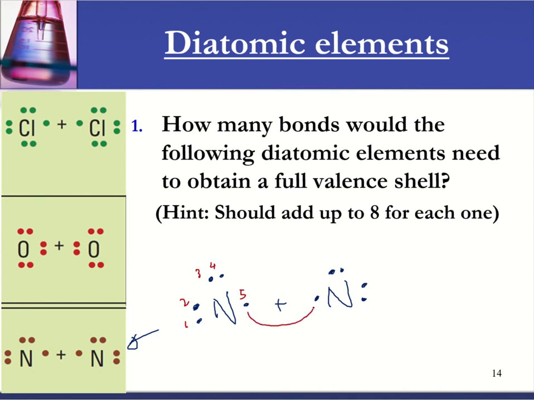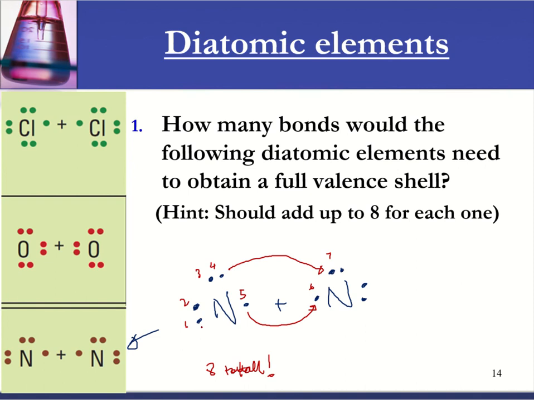So if this bonds over to this one here, that's 6. But we still need 8 in total. That's the ideal outcome that we want. So let's say this electron here forms another bond with this one here. So we have 7. So now we have a double bond. That's still not enough to have 8 valence electrons.